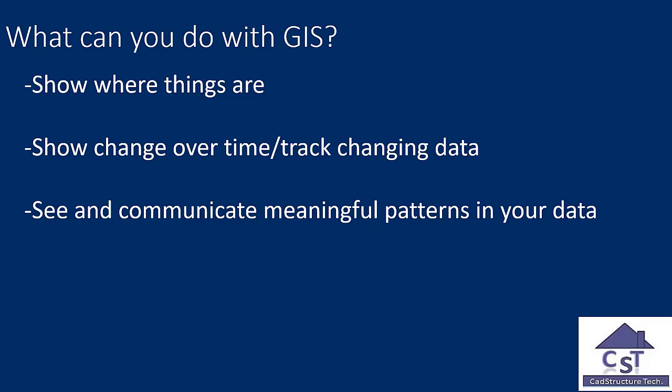Okay, and then another thing is that you can see and communicate meaningful patterns in your data. What I mean by meaningful pattern is, when you are doing analysis, the pattern at which a particular object is arranged. For example, a pattern at which a school is sited, or a pattern at which a communication mast is sited.